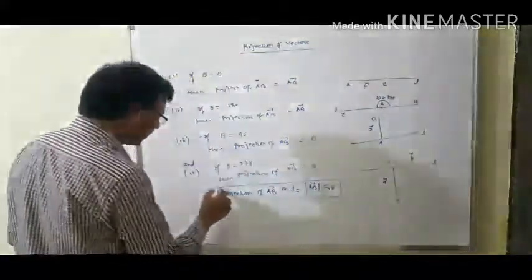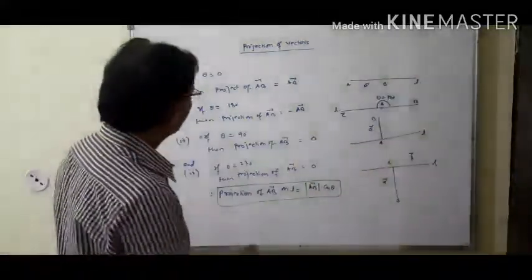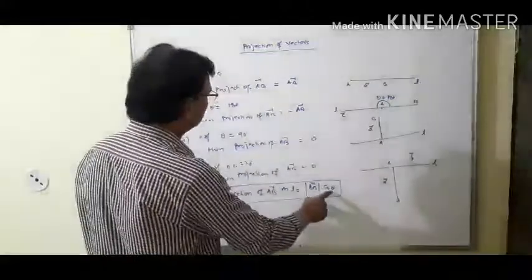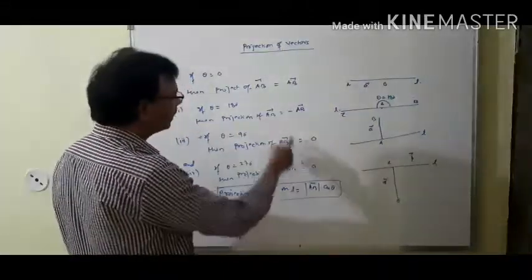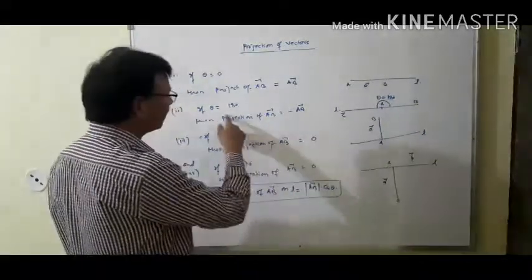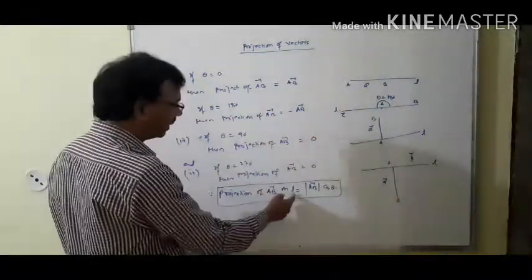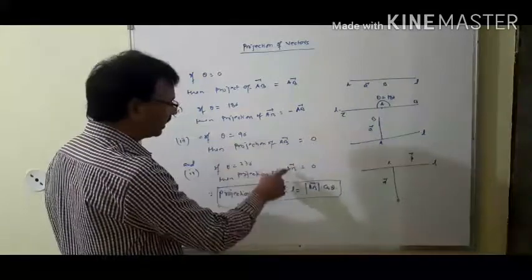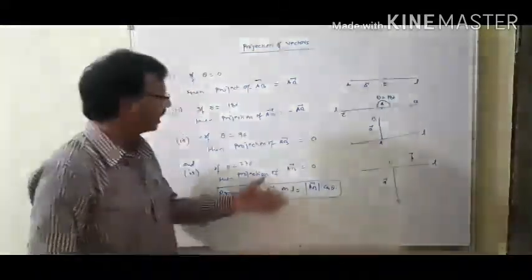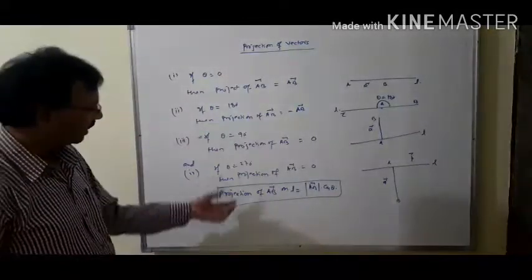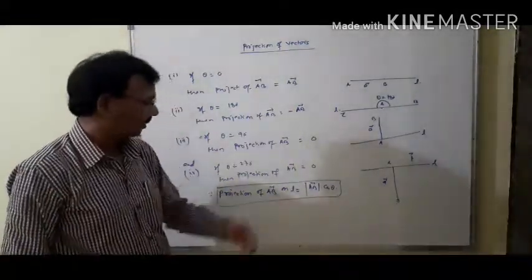With the help of this formula, we put theta equal to 0, then we can find the projection of AB on L. Theta equal to 180, then we can find the projection of AB on L. Theta equal to 90 and theta equal to 270, we can find the projection of AB. That means these points are defined with the help of this formula.